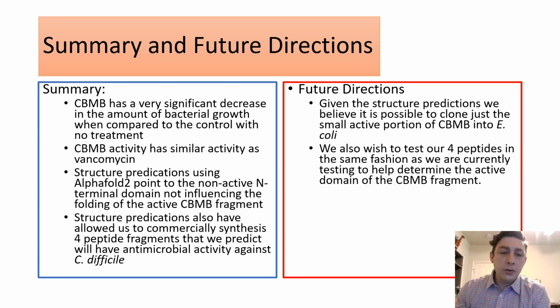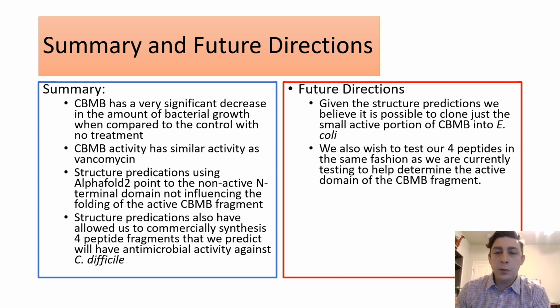Structure predictions using AlphaFold 2 point to the non-active internal domain not influencing the folding of the active CBMB fragment. And then also with the structure predictions, we were able to synthesize 4 peptides that we predict should have antimicrobial activity against C. diff.